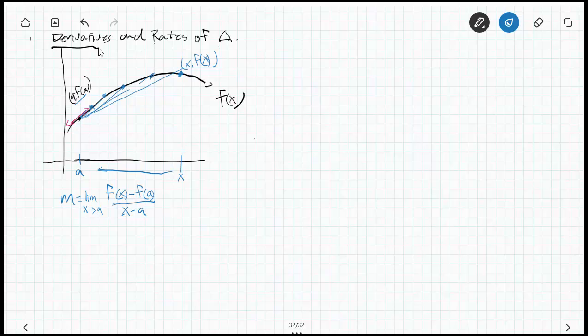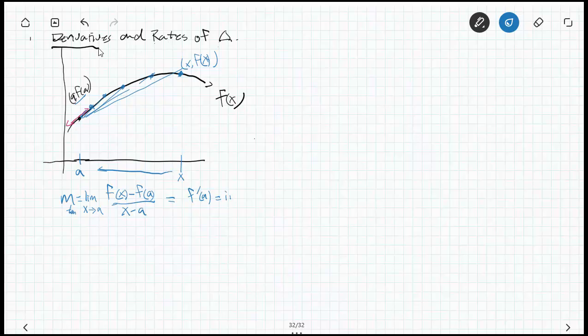Guess what? We just came up with what is referred to as the derivative at a point, or the slope of the tangent line. So we've got lots of notation. This is slope sub tan. This is the derivative at a. That's another way of saying it.